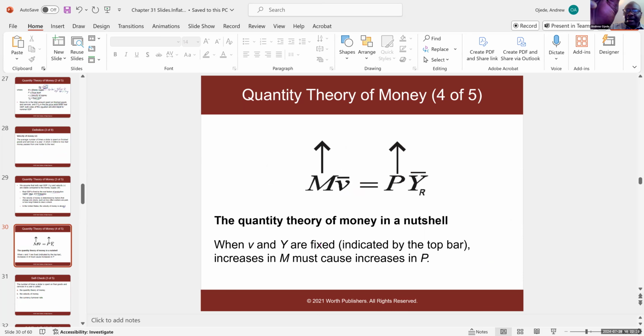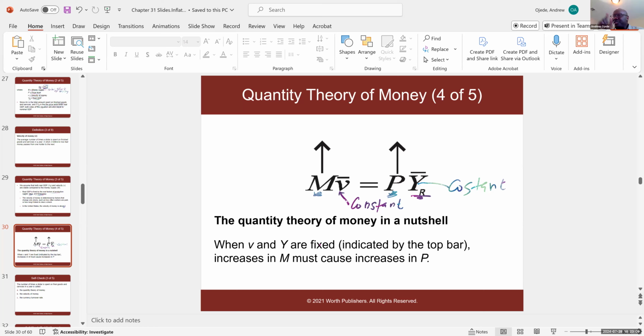So I put a bar on V to emphasize that V is constant, meaning the average number of times a dollar bill changes hands is constant. We're also assuming that real GDP, or real output, is constant. So if you're holding YR constant and velocity constant, then according to this simple model, any change in the money supply, for example if the central bank, like the Federal Reserve, prints more money and dumps it into the economy, the only thing affected is that prices of goods are going to rise.